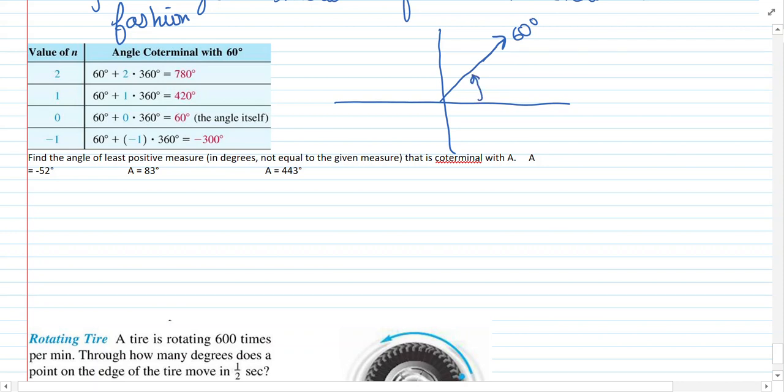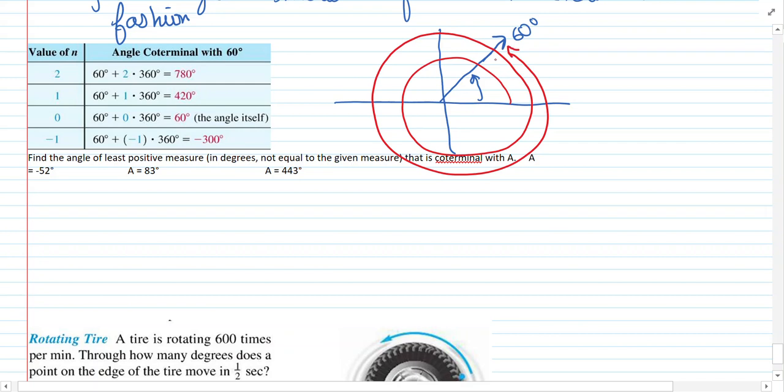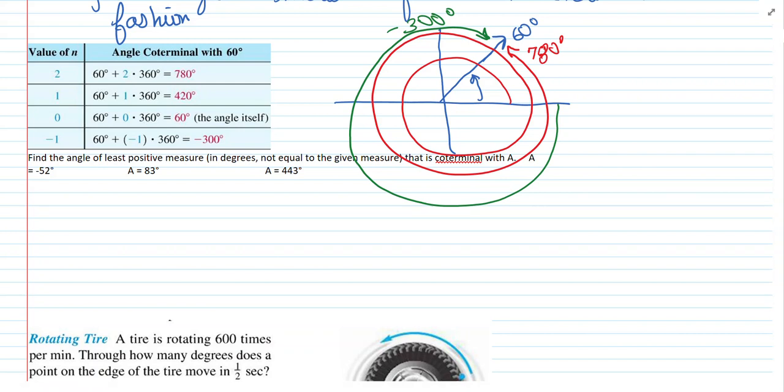Well, I could go 360 and again and go right here, and that would give me 780 degrees because I've moved that many times around. Whereas if I went in the reverse direction, if I started here at 0 and I went in the reverse, I would have negative 300 degrees. Okay, so those are ways of getting the angles.